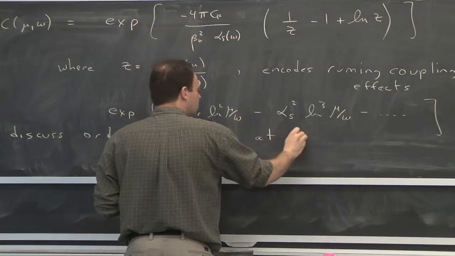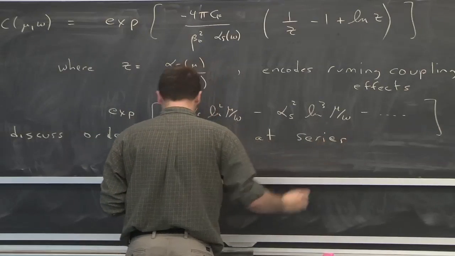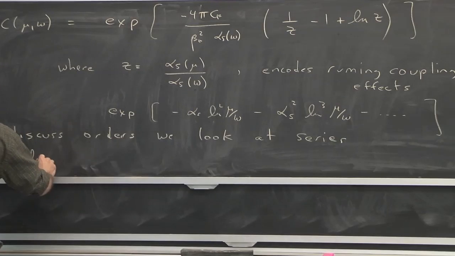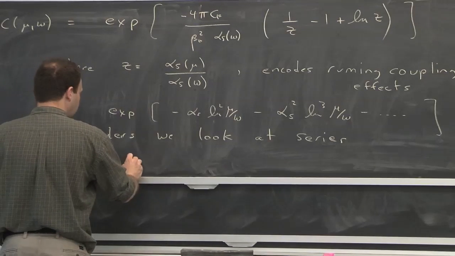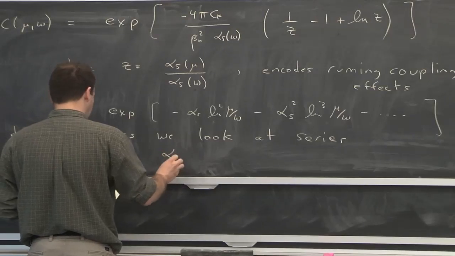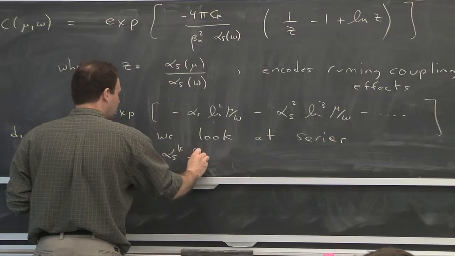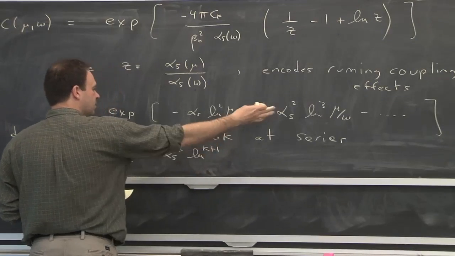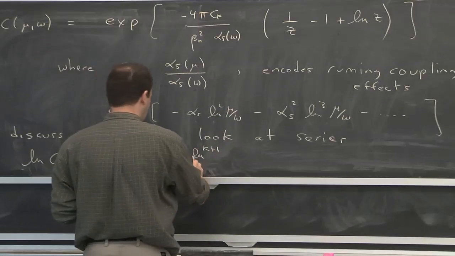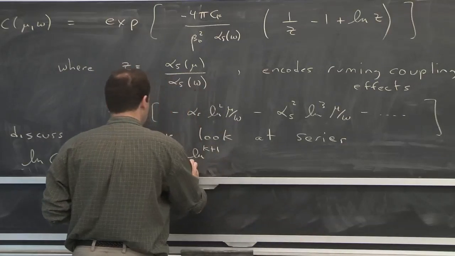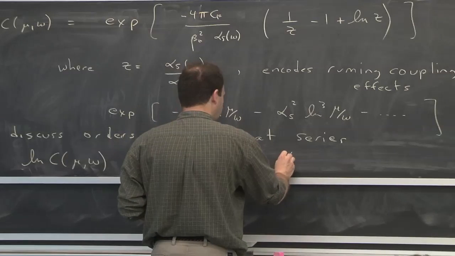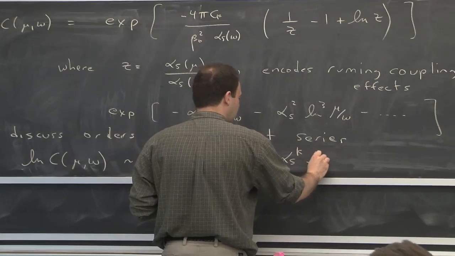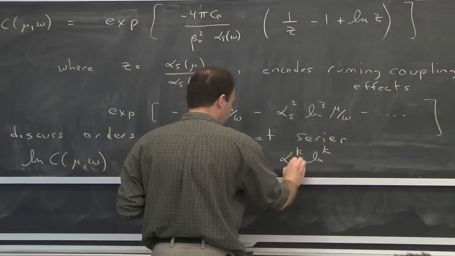So to talk about what terms we're summing, we can write the following schematic equation for different orders. If we have alpha_s^k log^(k+1), which is this series I've just denoted, we'll call that leading log. And if we had some higher order term, like alpha_s^k log^k, then that would be next leading log.